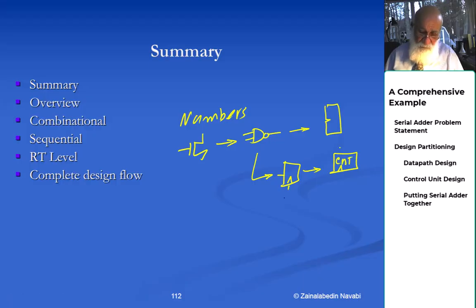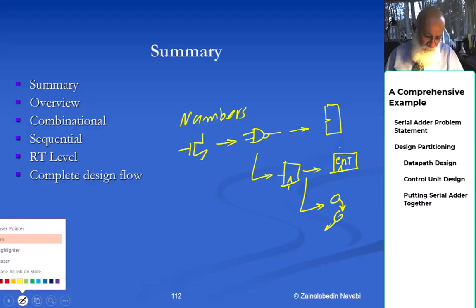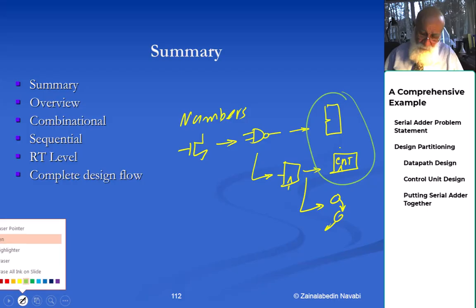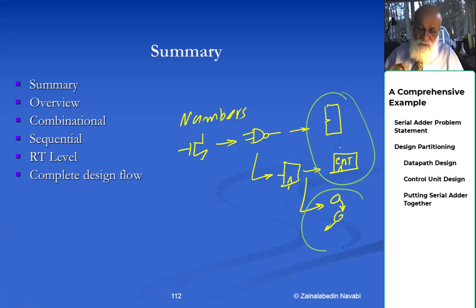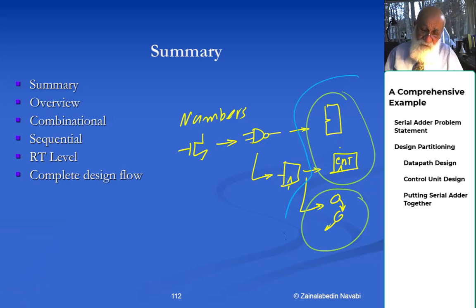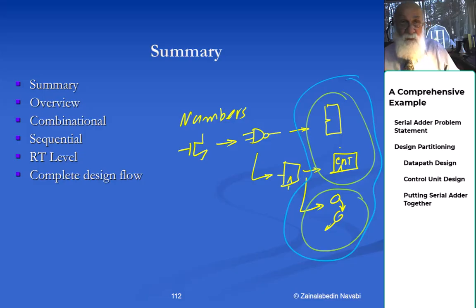At the same time, we went into state diagrams. Okay. And then we said that putting together these components gives you the data path. Putting together these components gives you the controller. And then finally, putting together all of these gives you the complete RT level design.